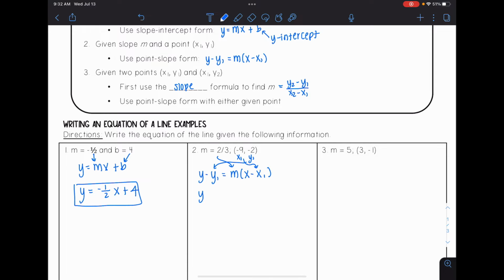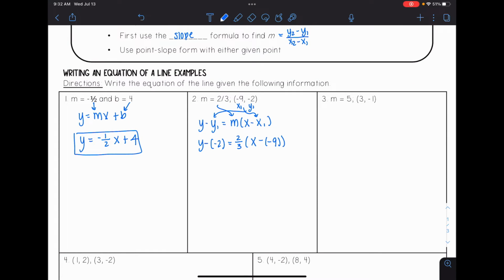So I get y minus -2 is equal to 2/3 times x minus -9. And now from here, I'm going to go ahead and simplify out so that I get back to slope-intercept form. Here, when I subtract a negative, it becomes a positive, so I really have y plus 2 is equal to 2/3 times x plus 9.